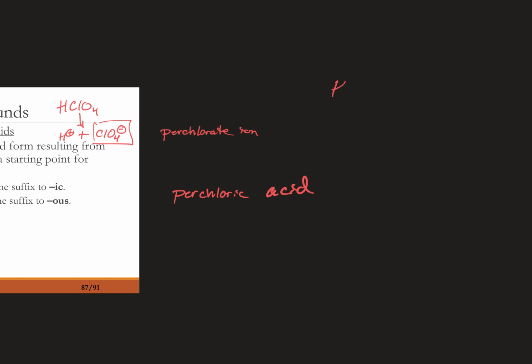Next, if we have HClO3, that goes to H+ and ClO3 1-, and that has the name chlorate. So its name is just chloric acid.